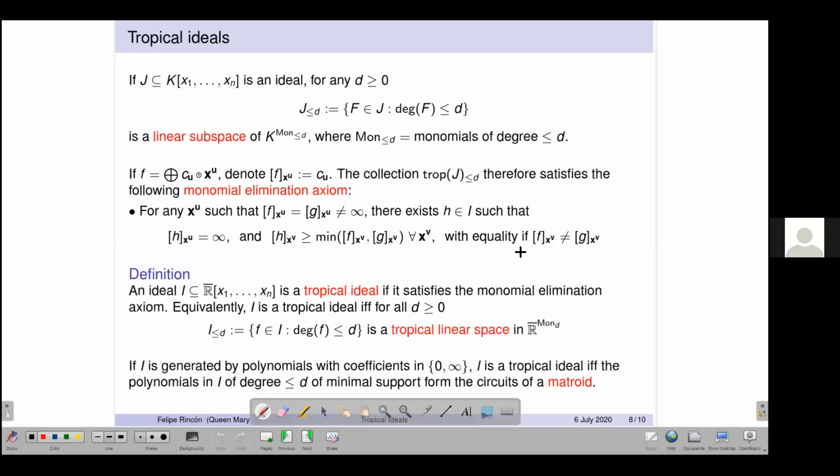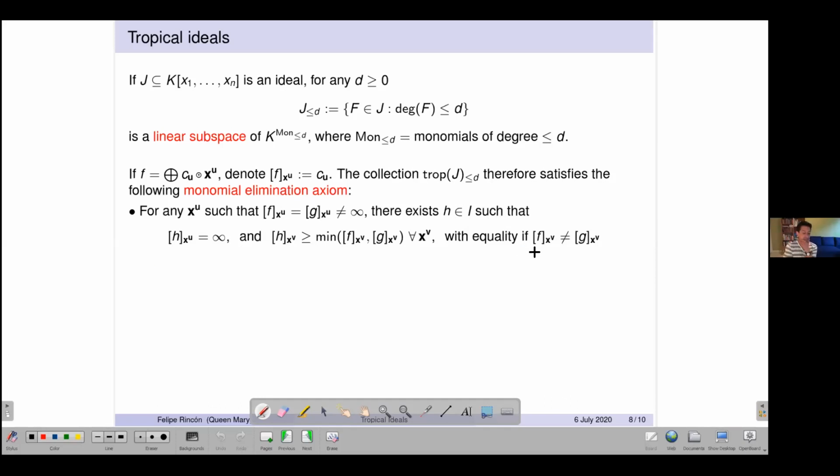Same degree requirement? Not necessarily with the same degree. You don't need to require that they have the same degree. If you take one of degree 7 and one of degree 5, they both live in the subspace of polynomials of at most degree 7.